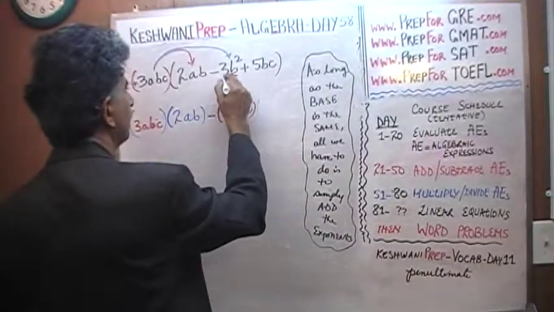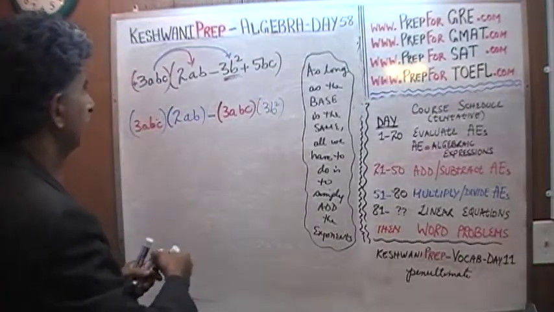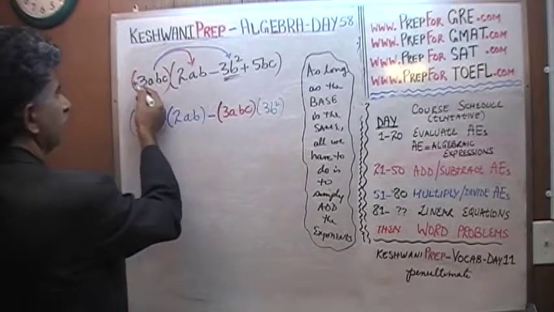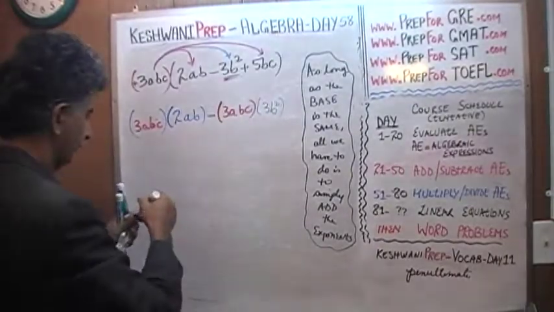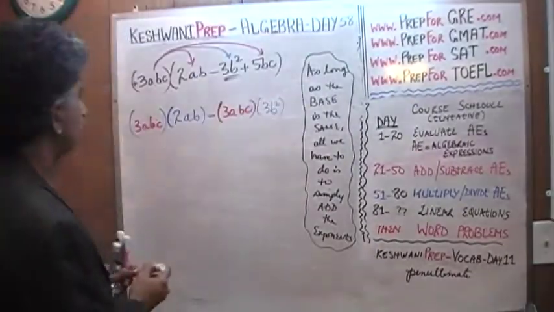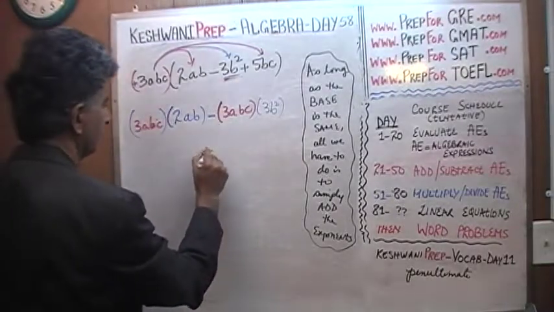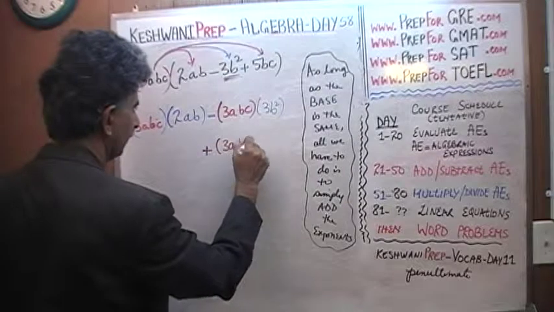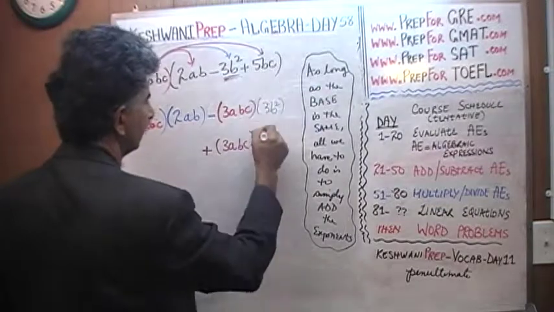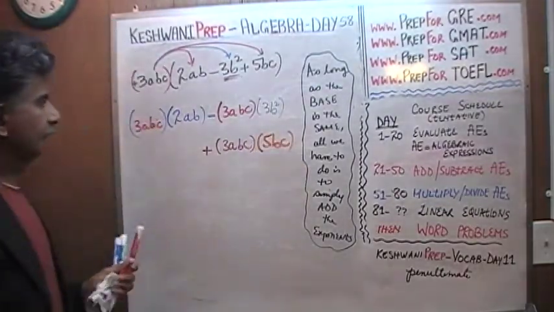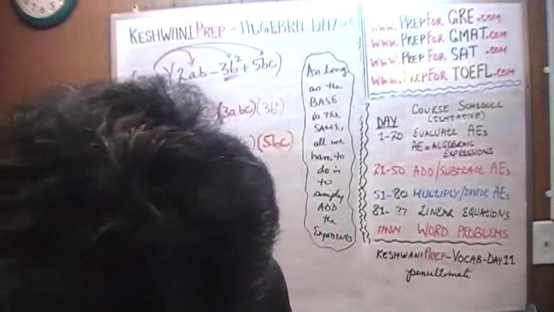And then again, a positive 3 and a positive 5 is going to give us positive 3 times A times B times C times 5BC. And we just have to do it out, that's all.